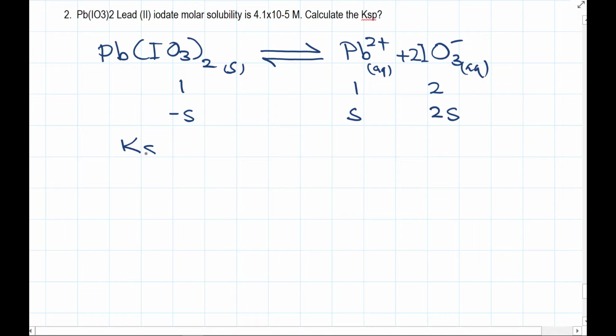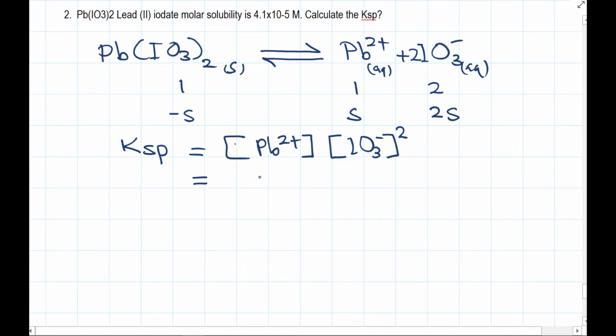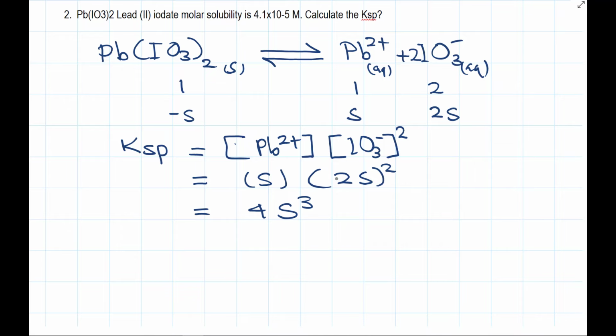Write the Ksp ion products: lead 2 plus, square bracket, iodate to the power of 2. Now we replace with the S's: S times 2S squared. You simplify to 4S cubed. Now we need to plug in the S value. The S value is given, and we are looking for Ksp.